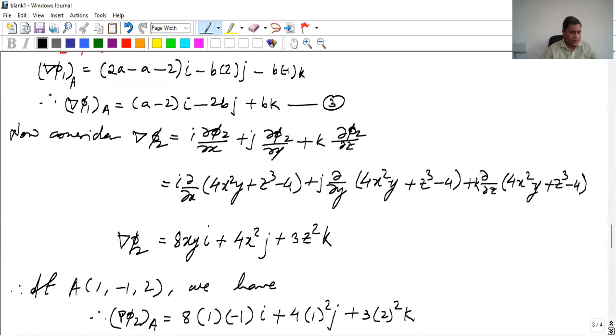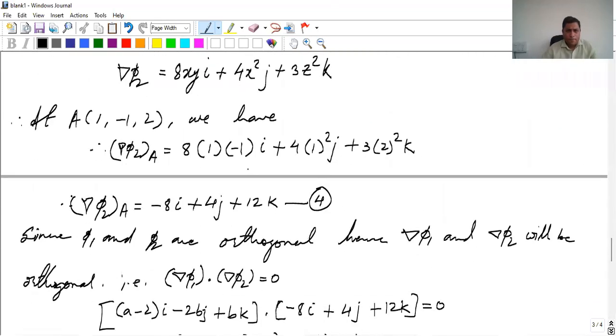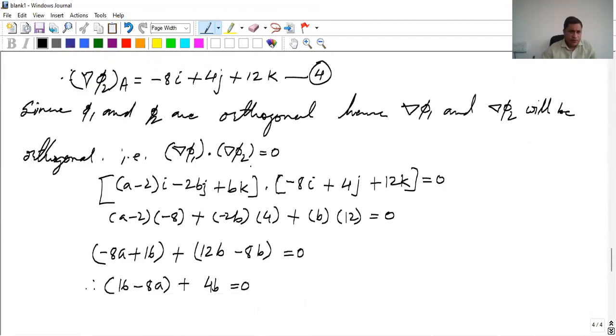Now, this is one equation where we'll get the relation between A and B. So what I can write is 16 minus 8A plus 4B is equal to 0. We can cancel 4 out of all these constants.